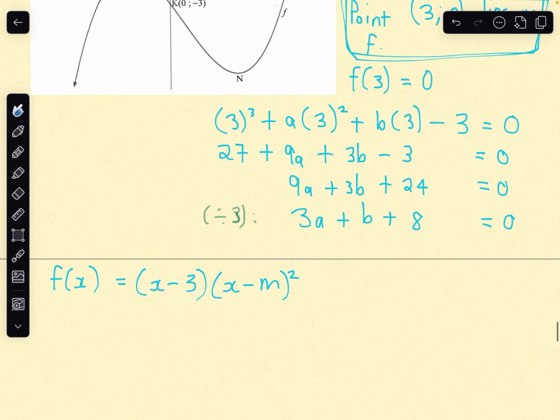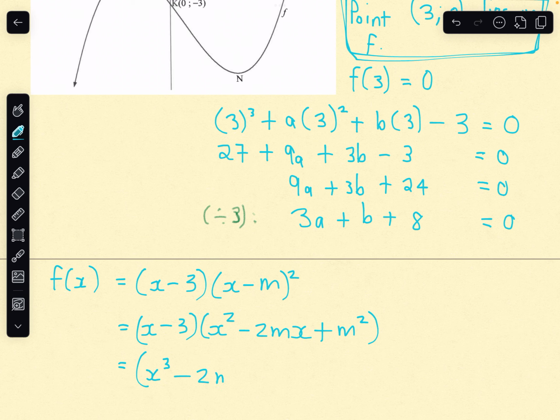So if I multiply that out, that's going to be x minus 3 times x squared minus 2mx plus m squared. And if I multiply these two brackets out, if I times x by everything, x cubed minus 2mx squared plus m squared x.